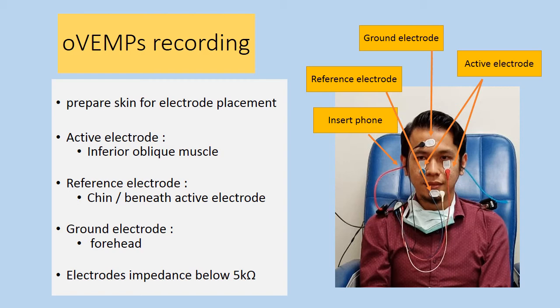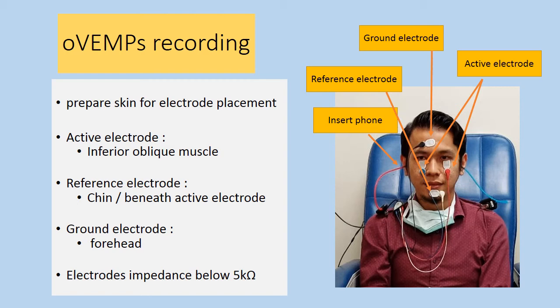The standard placement of electrodes for OVEMP recording would be the active electrode placed on the skin over the inferior oblique muscle beneath each eye, in line with the pupil and contralateral eye to the tested ear. This means that the recording from the active electrode placed at the inferior oblique muscle of the left eye represents the OVEMP response of the right ear, and vice versa.